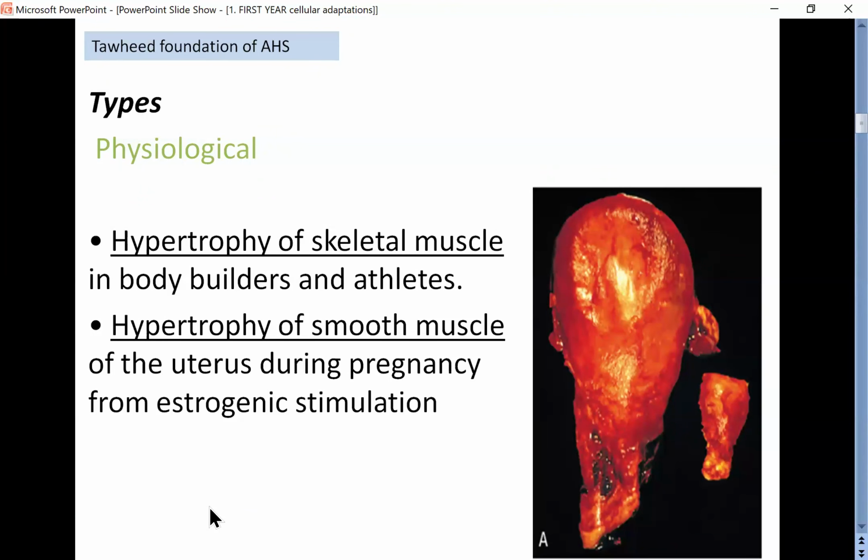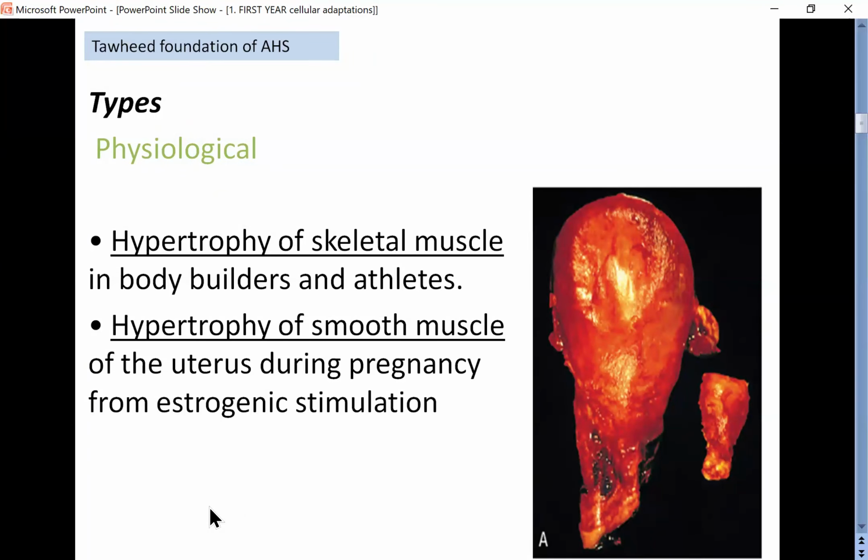When bodybuilders start lifting weights like 10 kg or 5 kg dumbbells every day, that becomes a stress or stimulus for the skeletal muscle. Our skeletal muscle will try to adapt to that stress, so it will increase in size. That is called hypertrophy of the skeletal muscle in bodybuilders or athletes.